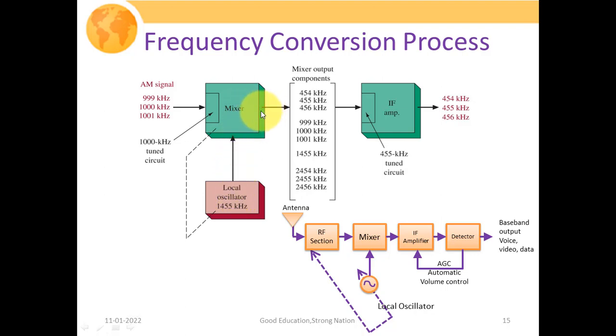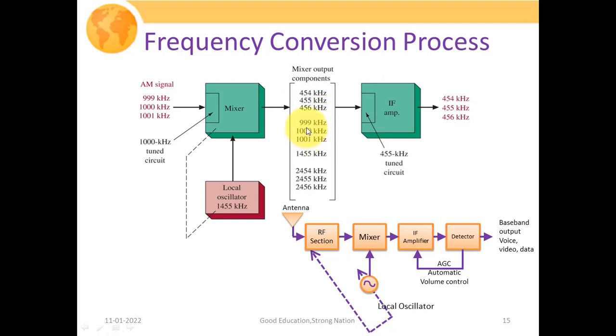If we get the outcome of this mixer, that turns out to be 454, 455 and 456, which is nothing but the difference of these frequency components, that is 1455 kilohertz minus these frequency components. So that turns out to be 454 kilohertz, 455 kilohertz, 456 kilohertz.